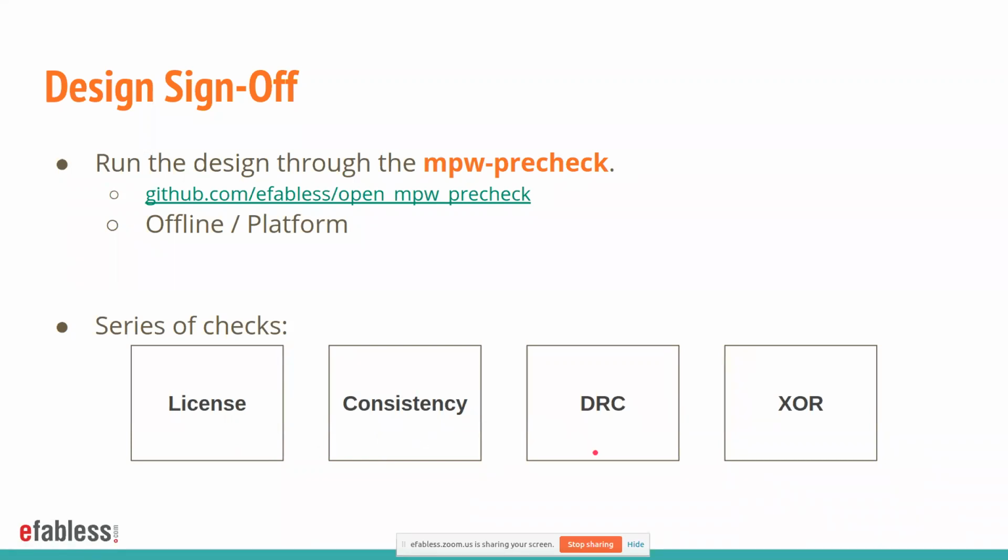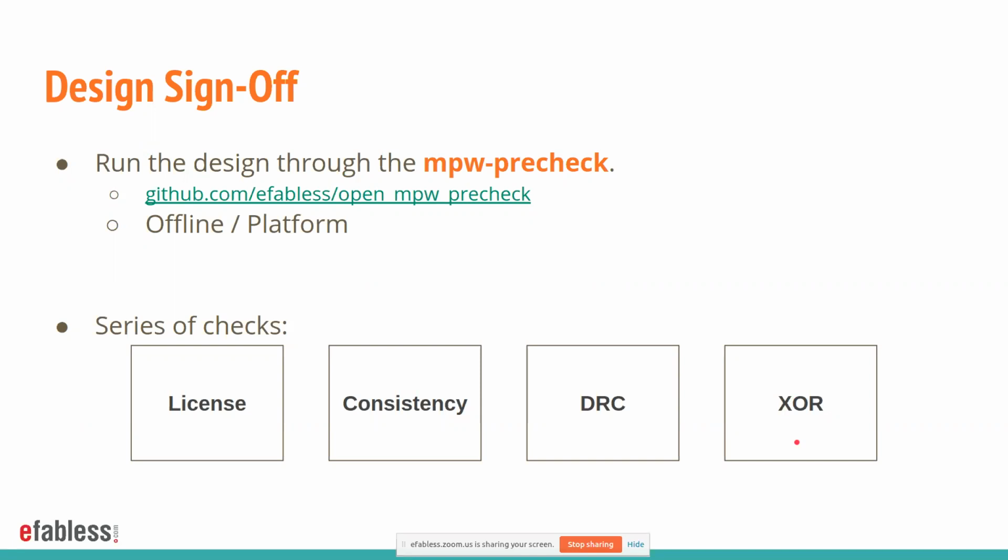And the third check is the DRC check, which makes sure that your design doesn't have any DRC error. And the fourth check is an exclusive OR check. So in this check, your GDS layout is XOR'd against the golden wrapper layout. And if there are any differences between the two, it will be flagged as an error.